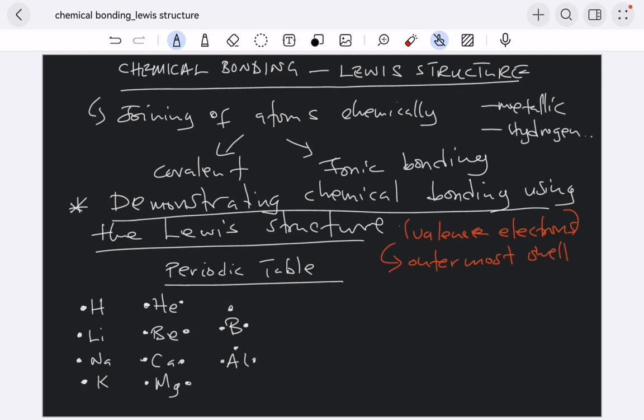Those are electrons in the last shell. Carbon, we have 4. Silicon is the same thing, we're going to have 4. Nitrogen will have 5. Then oxygen will have 6. Fluorine will have 7. And neon will have 8.